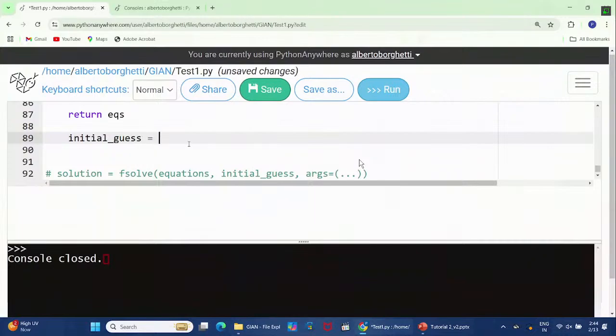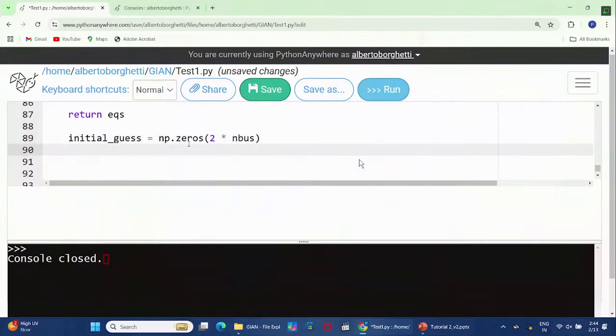It is just in the second position. At the beginning I put zeros for everything. So it is the initial guess for our variables. Our values are 2 times n bus, and the initial guess for the first n bus elements is 0 because they are the angles.